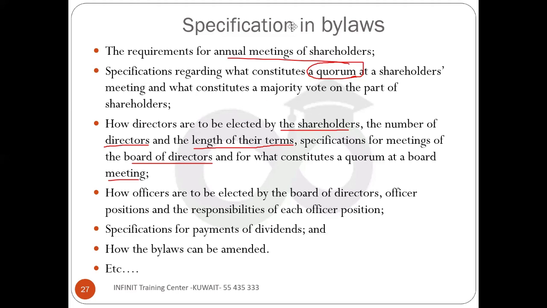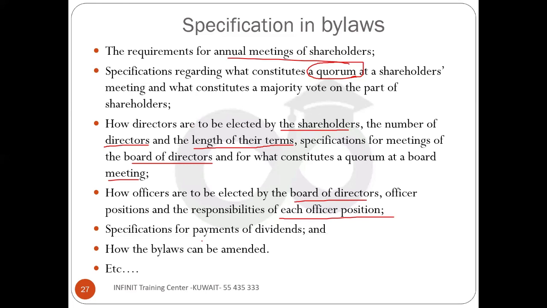Then how officers are to be elected by the board of directors. So the board of directors now will elect the officers. How can that be done? Officer positions and responsibilities of each officer position. What are the positions available and what are the responsibilities of each position will be mentioned in the bylaws.